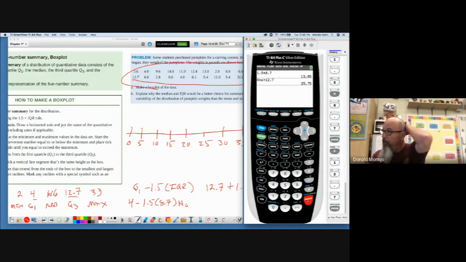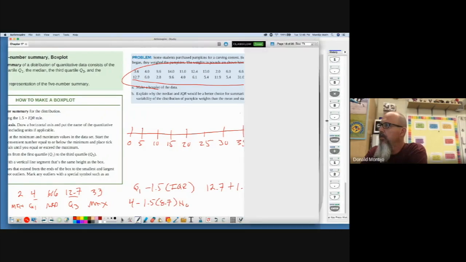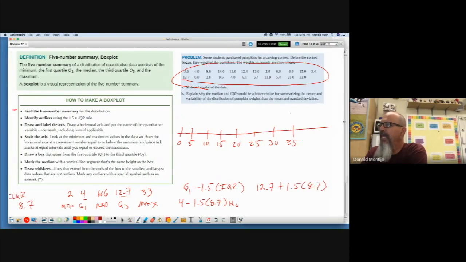So any number bigger than 25.75 is an outlier. So do I have any numbers larger than 25.75? I do. I have two values that are larger than that. Okay, so I have two high outliers.